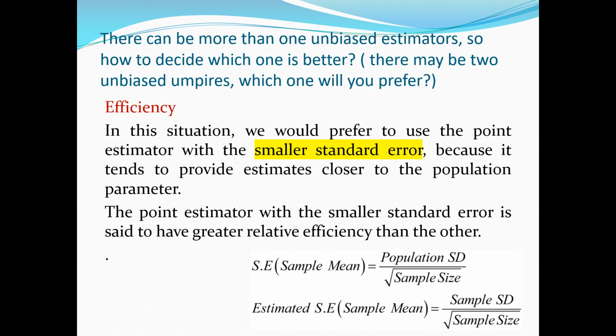I am going to analyze the performance of both of these umpires in, let's say, a sequence of 10 matches. Then I am going to say that the umpire whose variation in the decision is minimum is better.